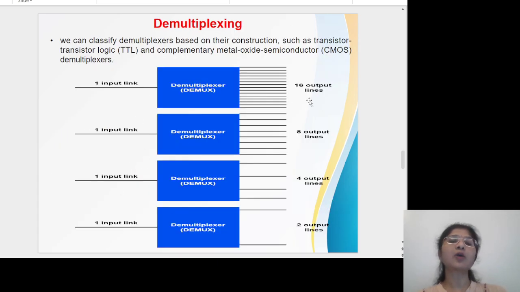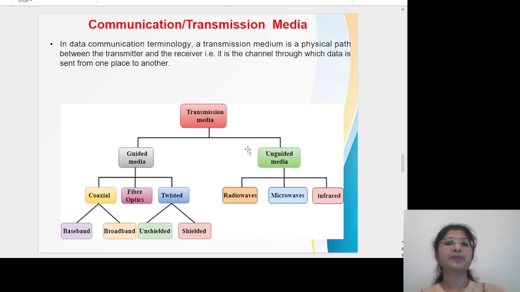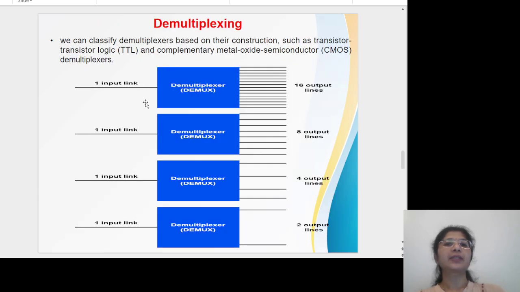This diagram shows how demultiplexing works. We can classify demultiplexers based on their construction, such as transistor-transistor logic and complementary metal oxide semiconductor demultiplexers.